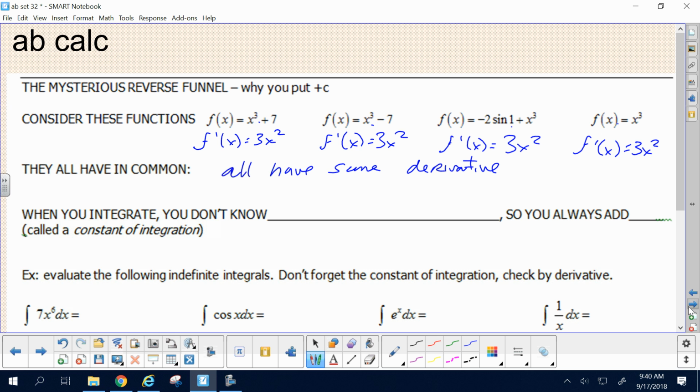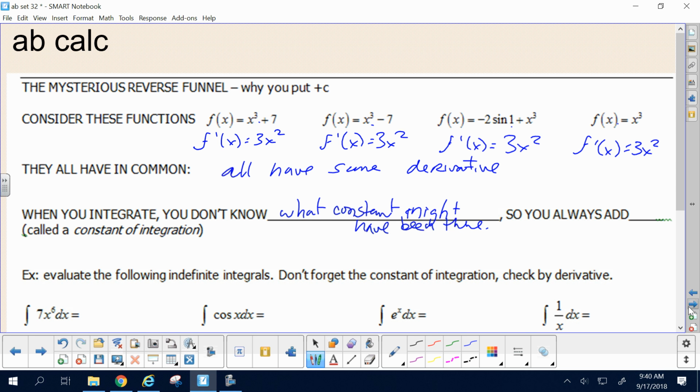When you go backwards, you have to consider that you don't know what constant might have been there when you undo a derivative. The constant zeroed out, so I don't know if it was a 2 there or a 3 there. I don't know if there was a constant there at all. Maybe there wasn't a constant there at all.